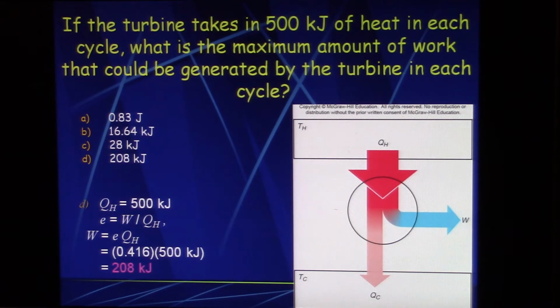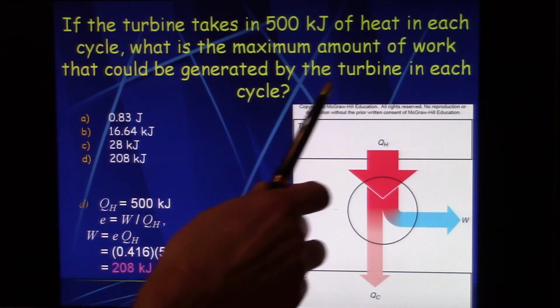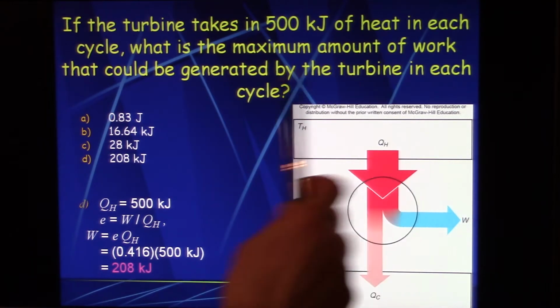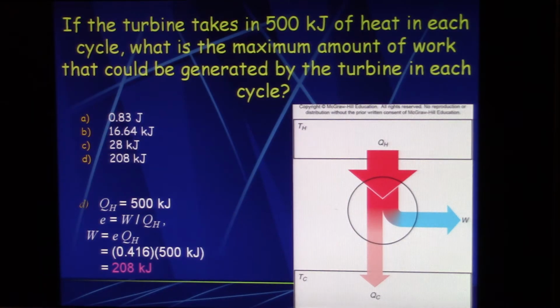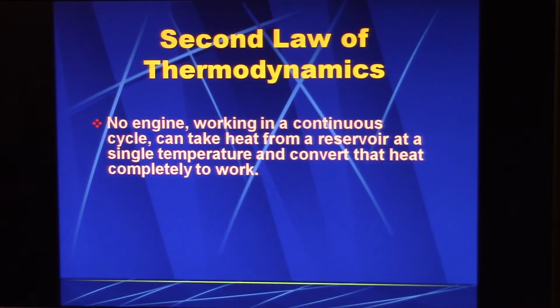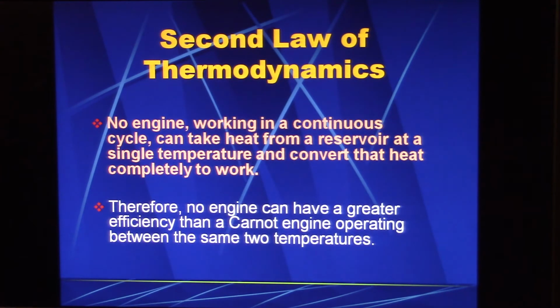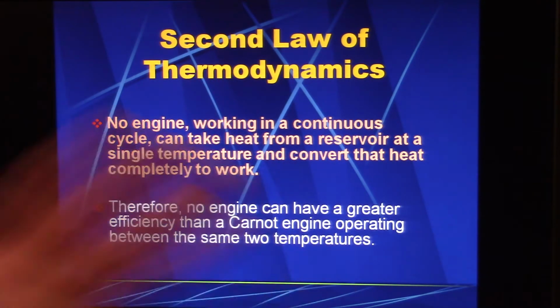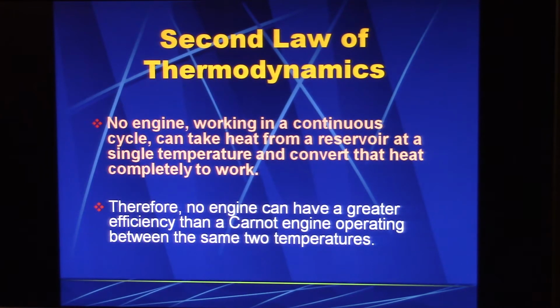And here's another example where we did a similar example in each cycle with the maximum amount of work. This is similar to the example we did just earlier. Yeah, so here they're just saying you can't convert all the heat into work. We wish we could, but the universe doesn't work that way.